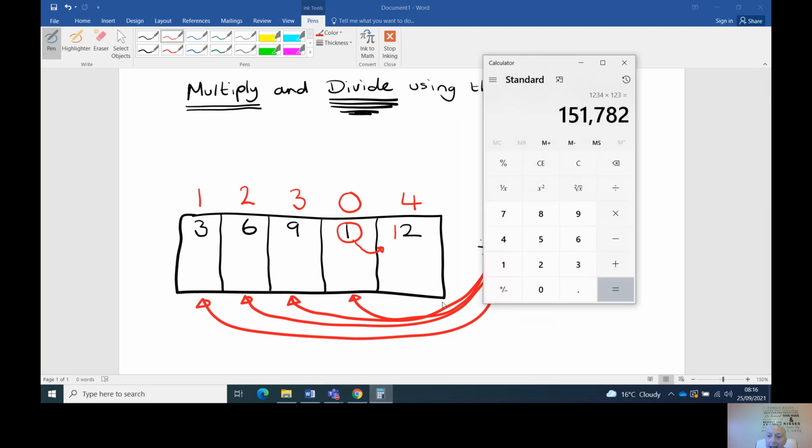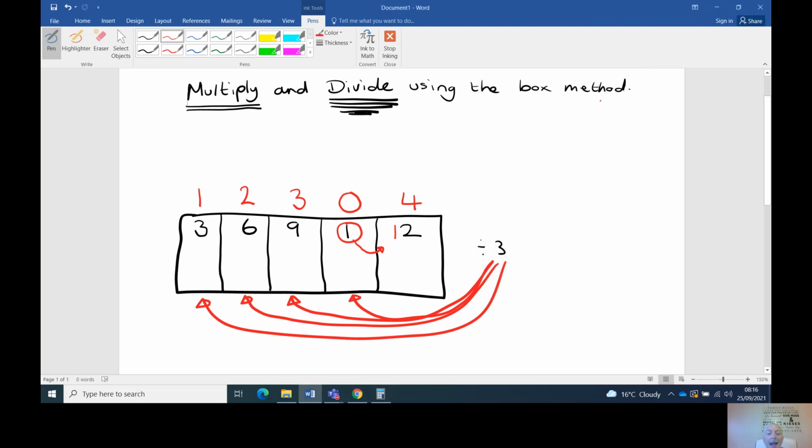Let's double check. Clear that. 3, 6, 9, 12. That's what I did. 1,2,3 divided by 3 equals 1,2,3,4. Wicked. But we can go higher and higher.